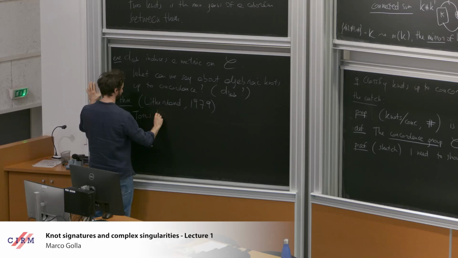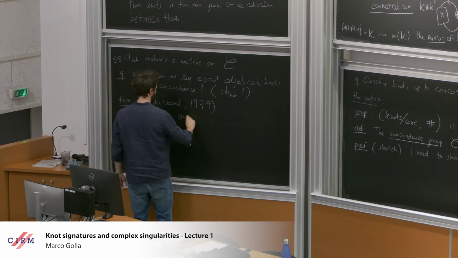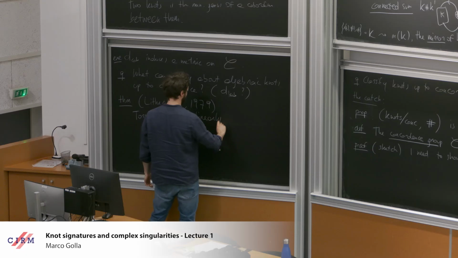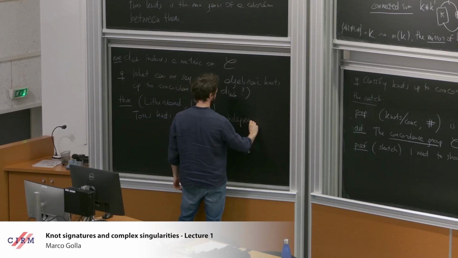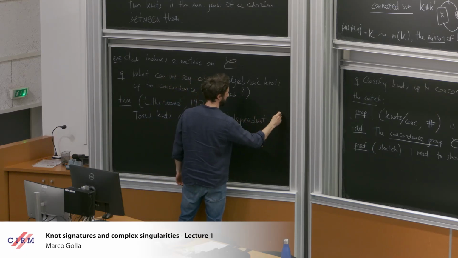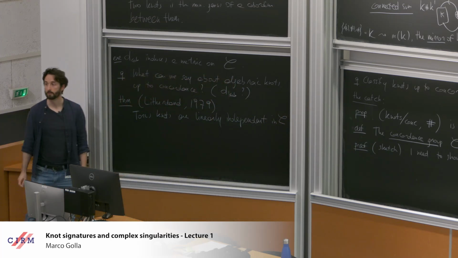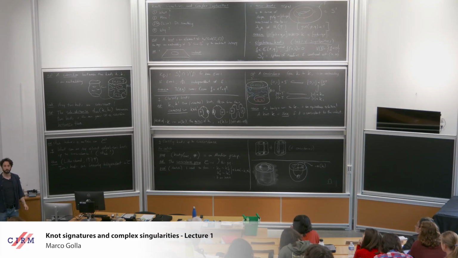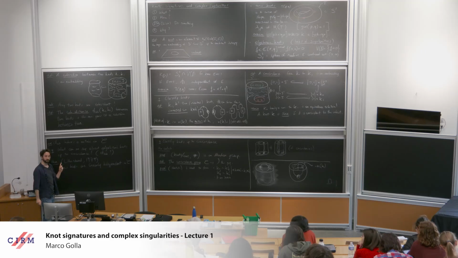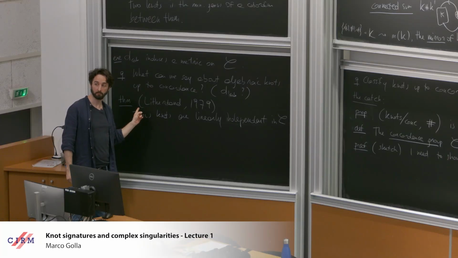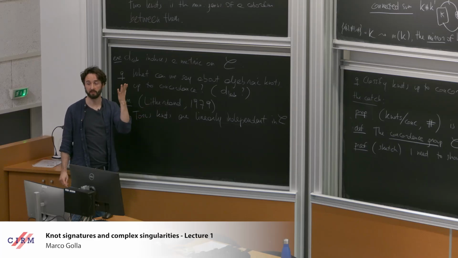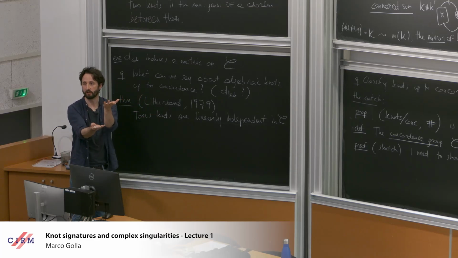Torus knots are linearly independent in C. This cannot be true in general, because if I have a positive torus knot and its mirror, they are both torus knots, but one of them is opposite to the other.